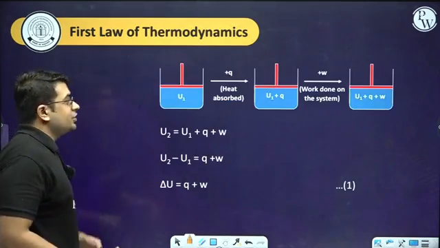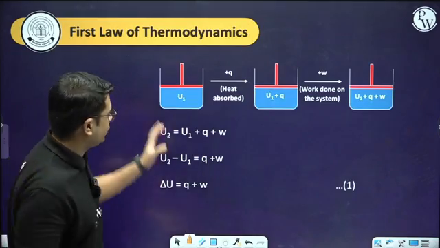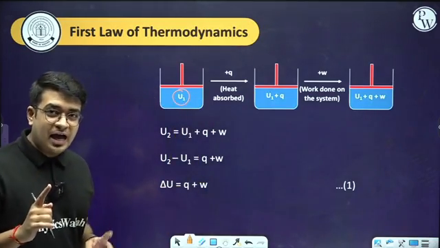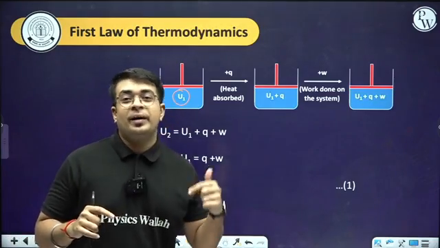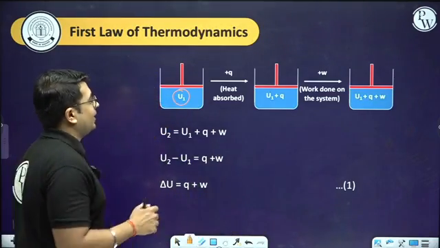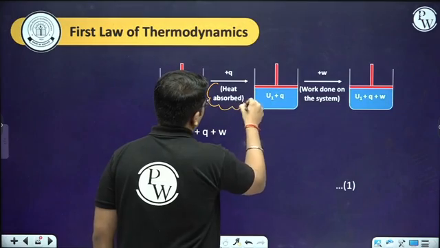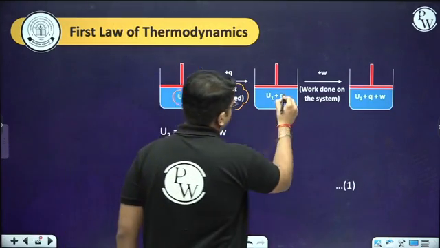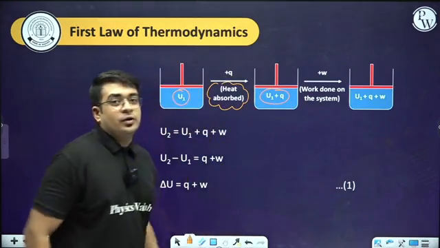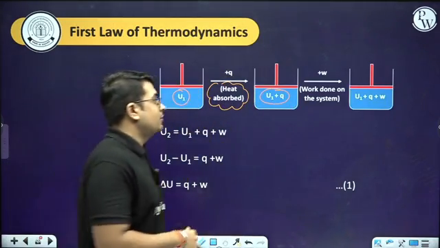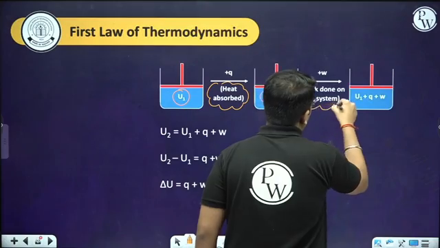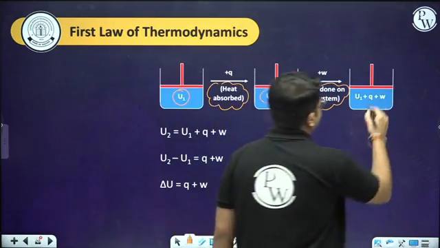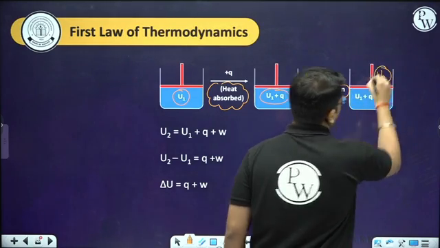Let's say the initial internal energy of a particular system is U1. How can I change this internal energy? Either by work done or by heat. Let's say heat is absorbed by the system. Now it becomes U1 plus Q. Then some work is done on the system, and its internal energy becomes U2.